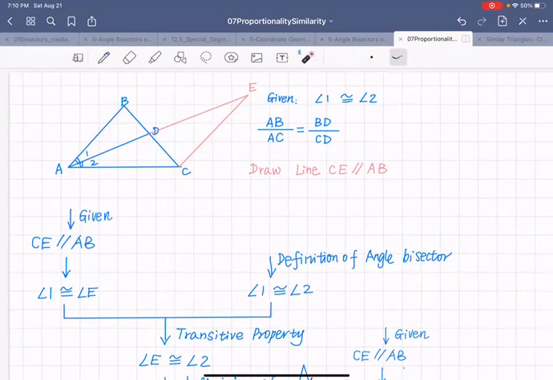And based on AB and CE being parallel, we get angle 1 equals angle E, okay? So I ask you, Felix, what should I put over here? Can you tell me what should I put over here? Alternate interior angles theorem. Very good. So this is alternate.